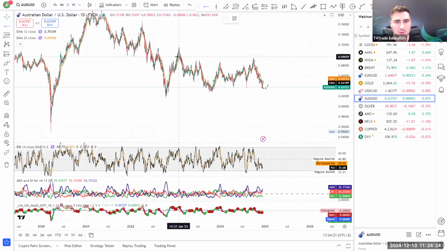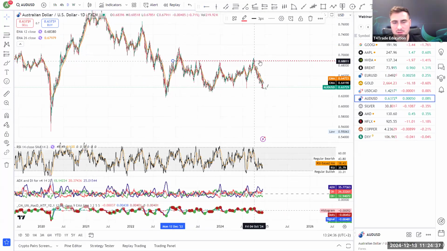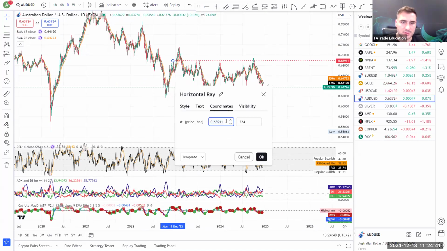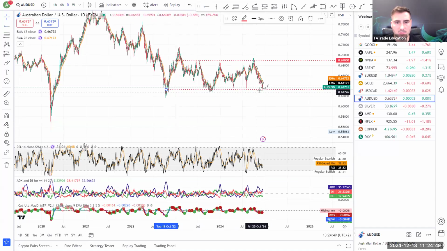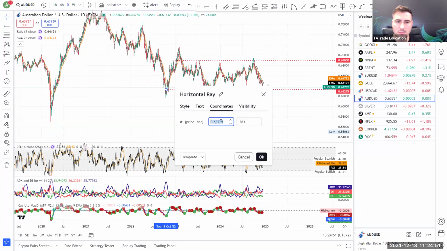So you could use, for example, maybe this one. I'm going to ignore this peak. When you have 1, 2, 3, 4 touches failing to break above these, what is it? Let's just round it up to 0.69. Between this area, for some reason, the Aussie is finding support somewhere in here. We're roughly speaking here.